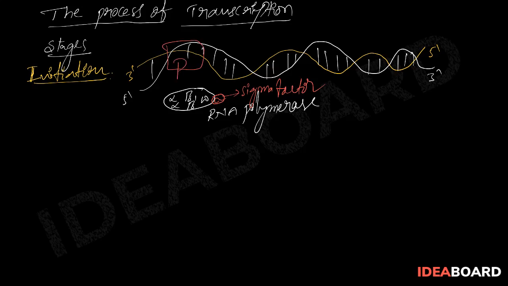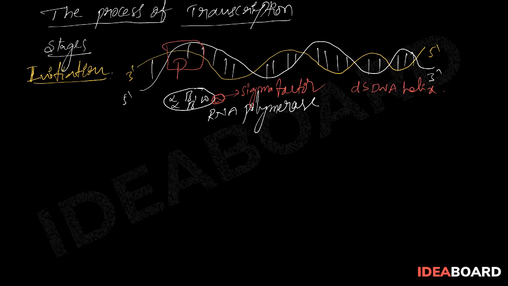RNA polymerase is unable to recognize the promoter directly without the help of sigma factor. So the sigma factor helps to bind the RNA polymerase to the promoter region. This is what we call initiation, and this is a double-stranded DNA helix.